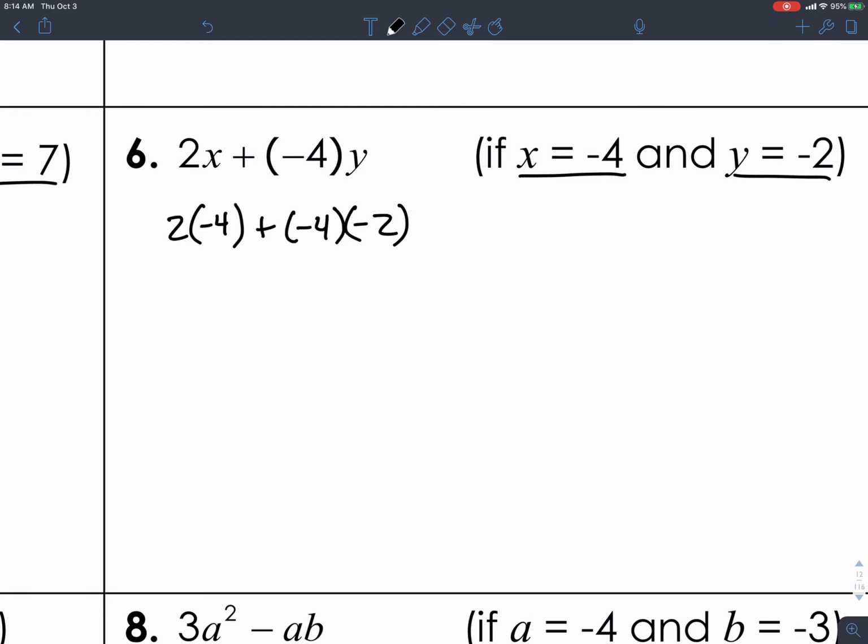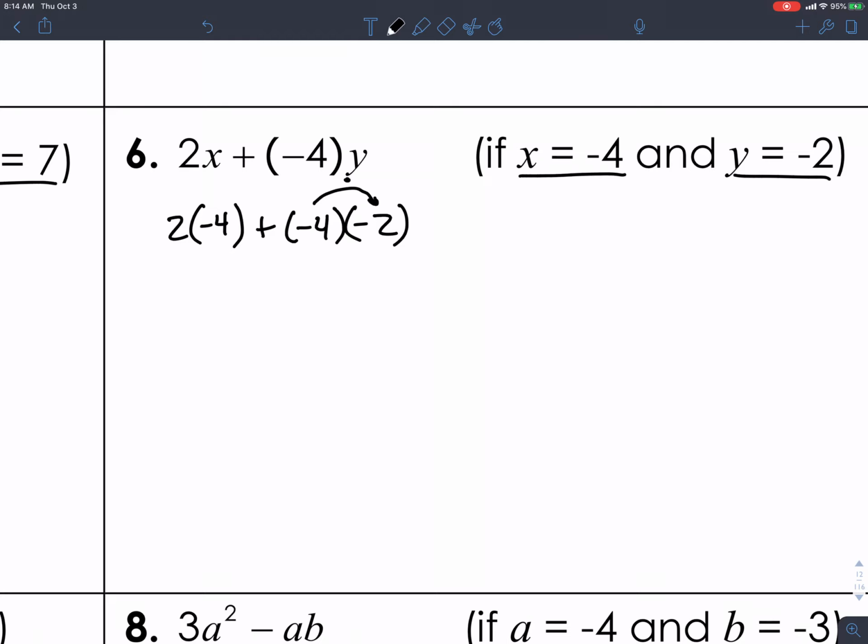I could also do this. It doesn't matter. Parentheses are just keeping things apart and tend to mean there might be some multiplication involved if there's something right up against the outside of the parentheses. Well, especially when you've got parentheses right up against each other, guess what this means? Multiplication. I'm going to put a little dot. Dot means multiplication.